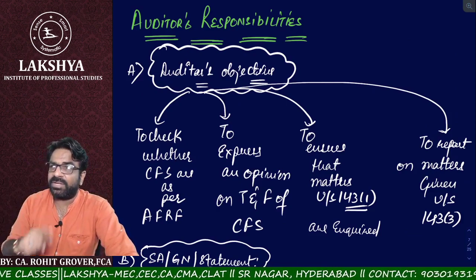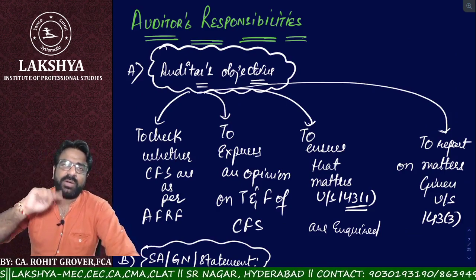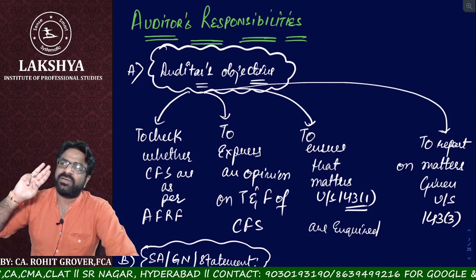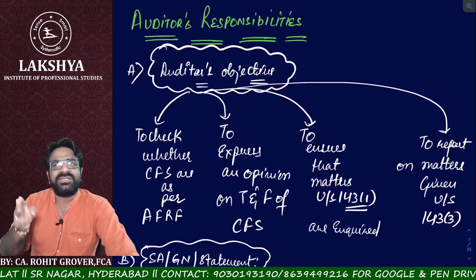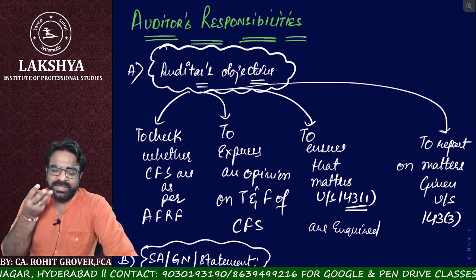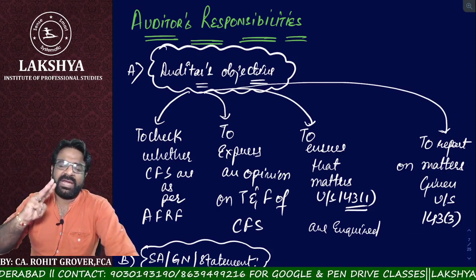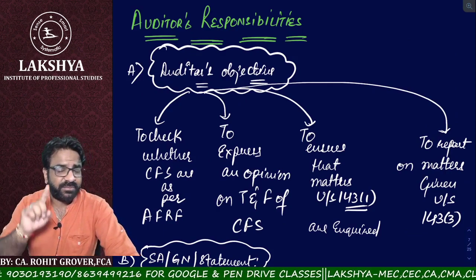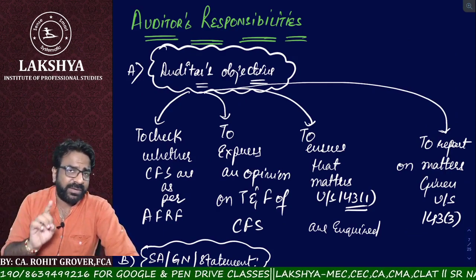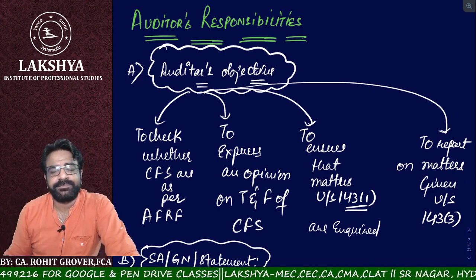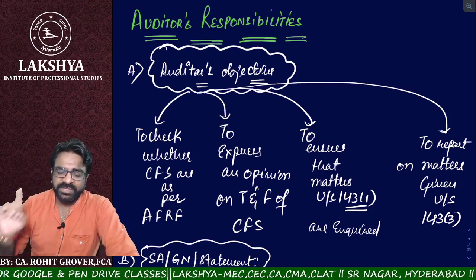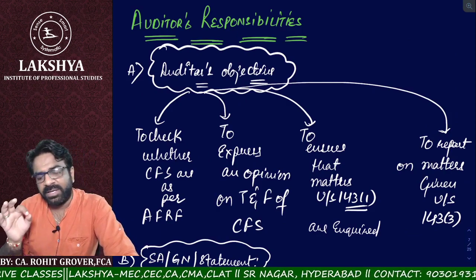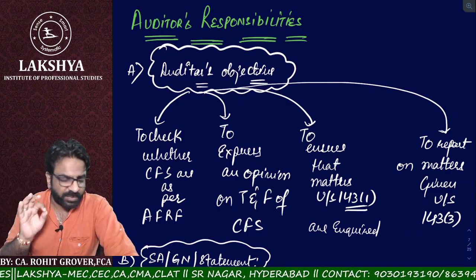What do you mean by applicable financial reporting framework? Schedule 3 requirements are followed, accounting standards are followed, laws and regulations are followed. Each and everything which a standalone company has to follow, the same things are equally applicable to the consolidated financial statements, that we have already read under section 129 subsection 4. Clear, everybody? So what is the first objective? To see that financial statements are prepared as per the applicable financial reporting framework.